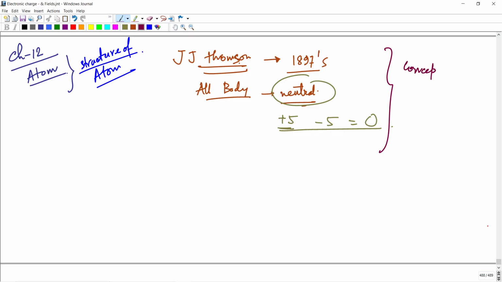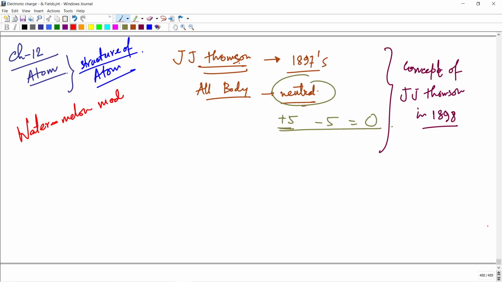The concept of J.J. Thomson in 1898 looks like this: the watermelon model.